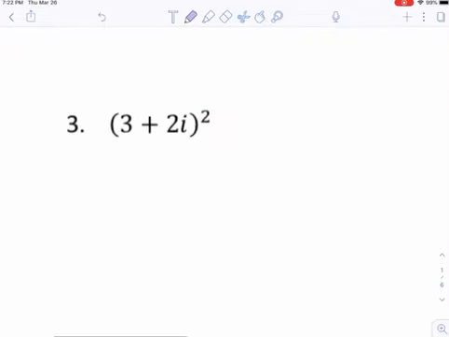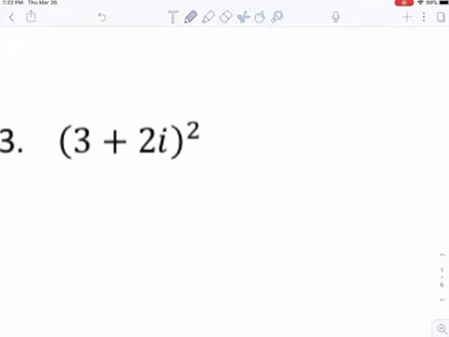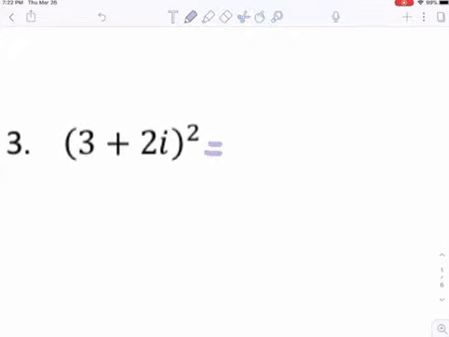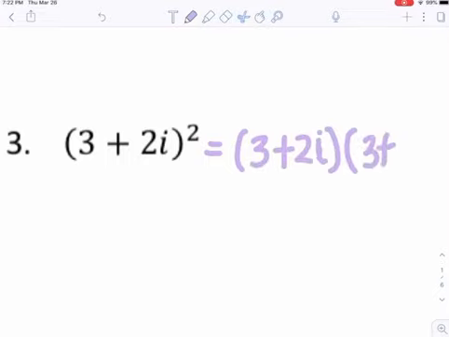Okay, and then finally number 3. Okay, we have our fun perfect square binomial. I'm going to do the shortcut first, and then I'm going to do the long way. Okay, so remember, this is just saying 3 plus 2i times 3 plus 2i, right? And then we could FOIL that out.